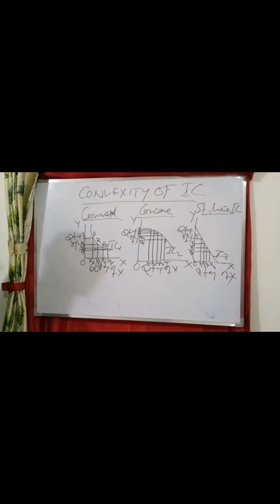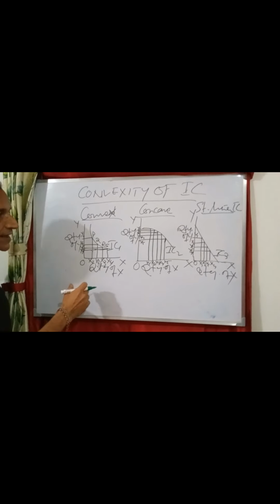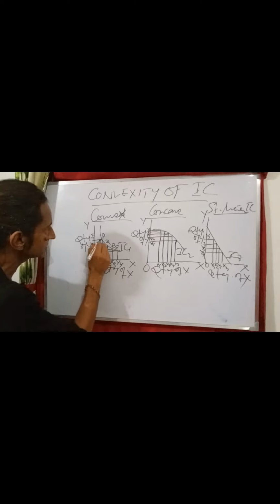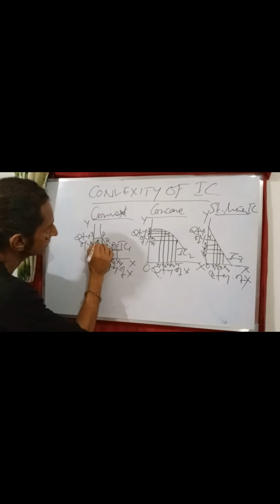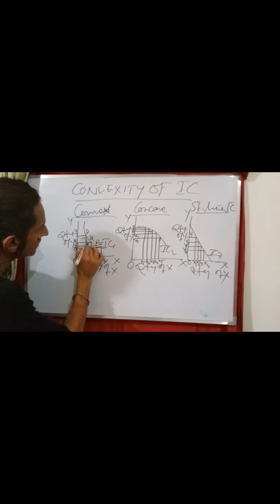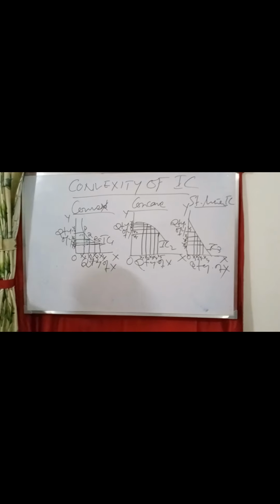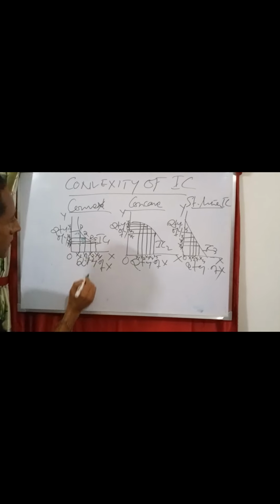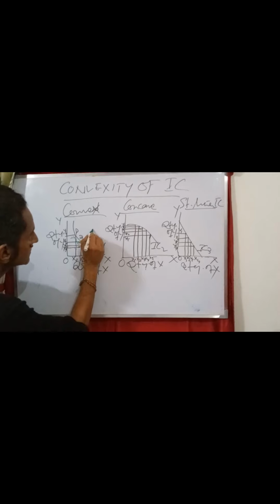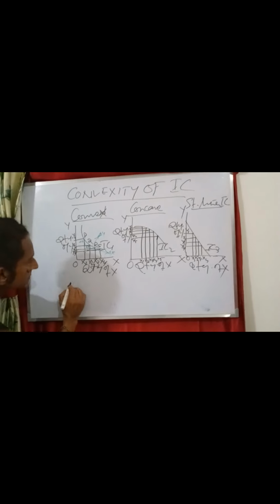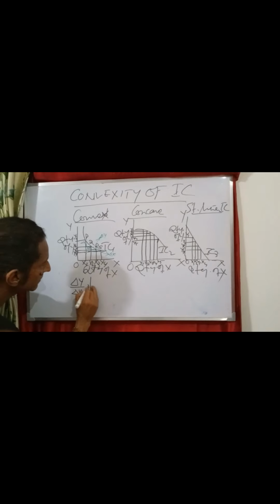In case of the convex indifference curve, as the consumer goes on purchasing X by increasing it by one additional unit, he is sacrificing some Y. In the first instance, this is the sacrifice of Y, that is delta Y, and this is his gain of X. In the second instance, at point R, he is sacrificing this much of Y, this is delta Y, to gain the same delta X. That means in the convex indifference curve, delta Y by delta X is falling.